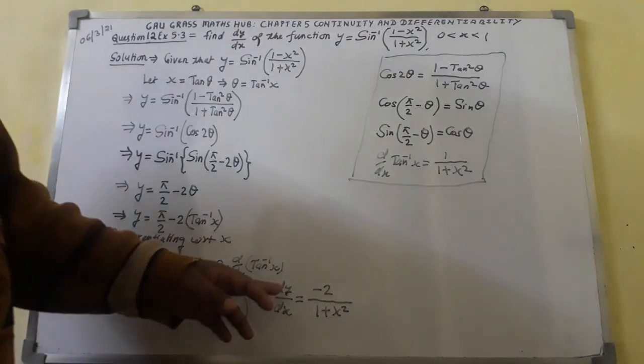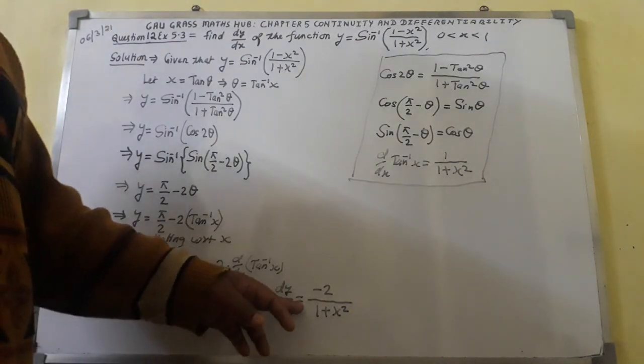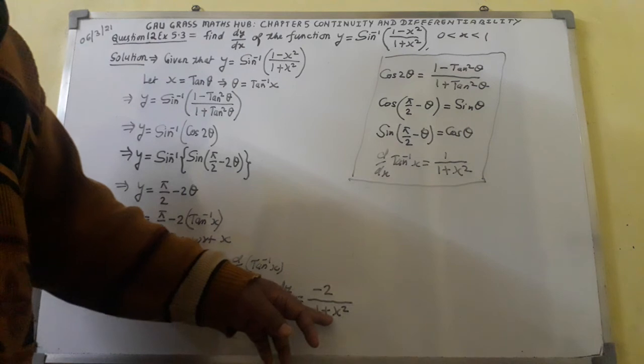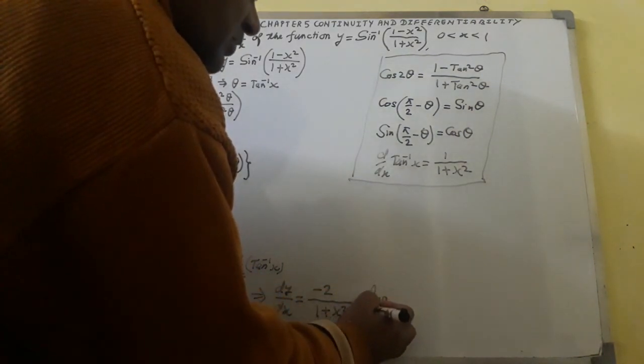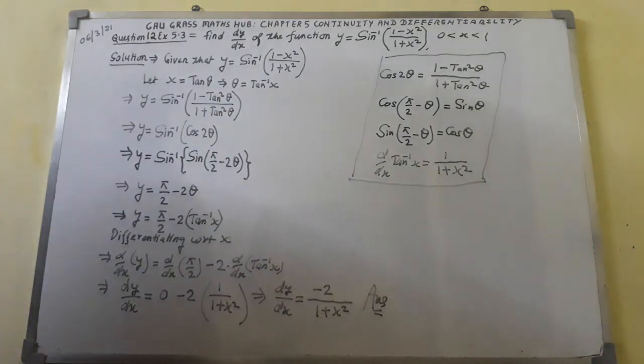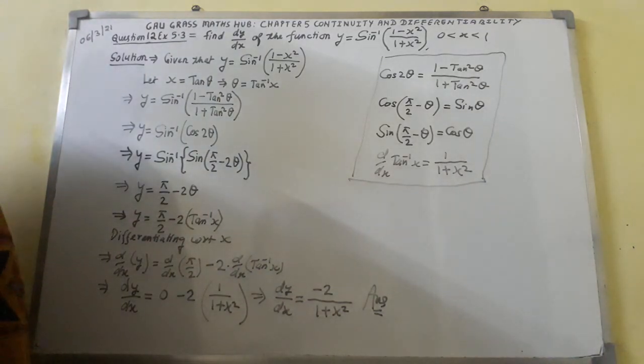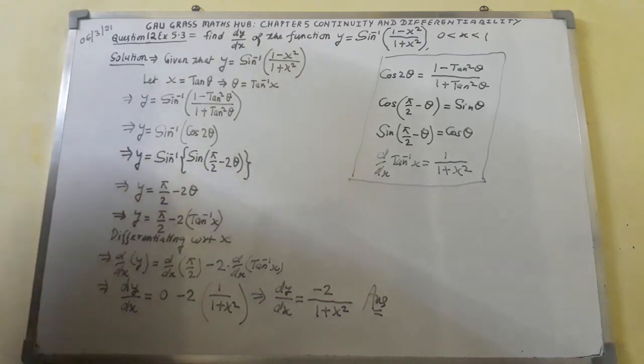The answer will be dy over dx is equal to minus 2 over 1 plus x square. This will be the correct answer of question number 12, exercise 5.3, chapter 5, continuity and differentiability. Okay, thanks.